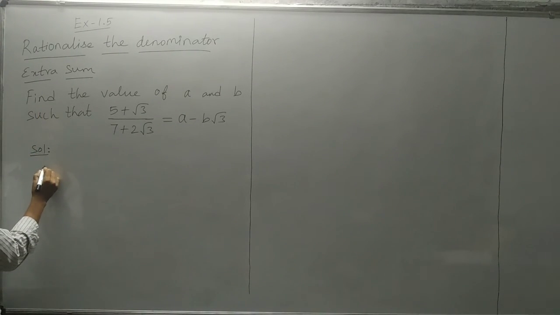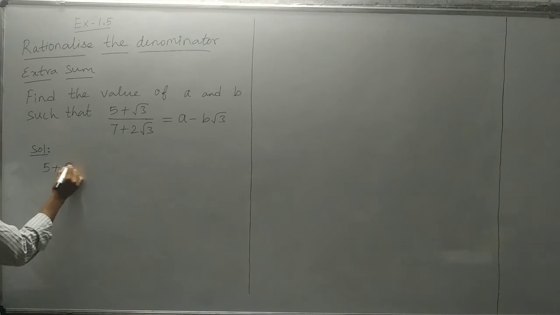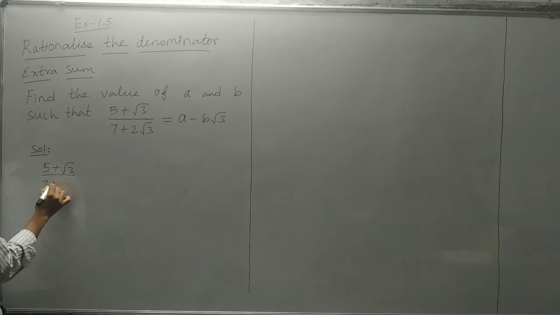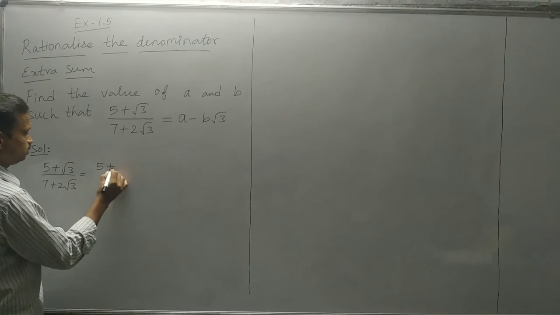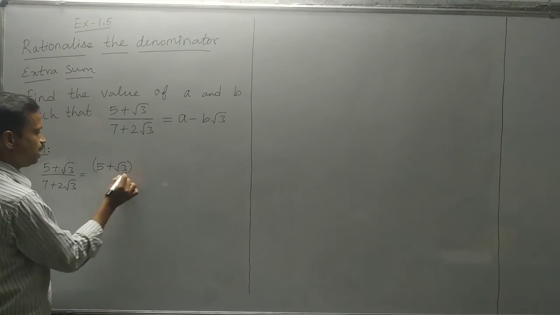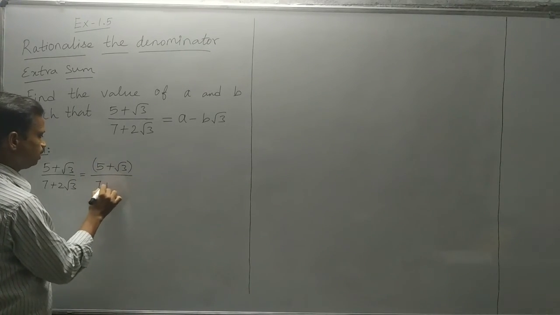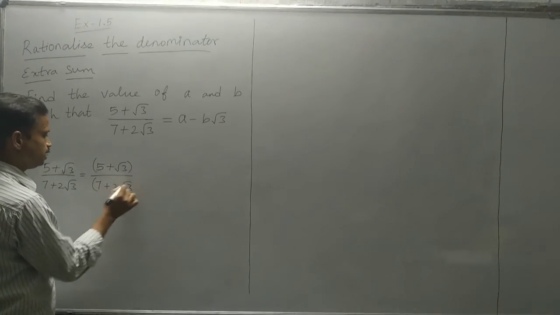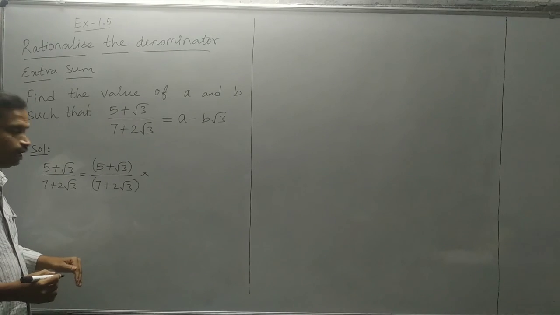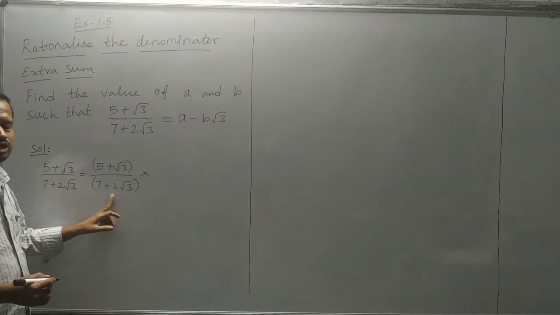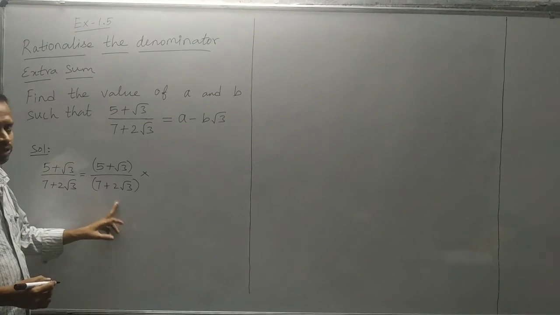So (5 plus root 3) by (7 plus 2 root 3). You can write as (5 plus root 3) by (7 plus 2 root 3) into, we have to multiply by the rationalizing factor of the denominator.